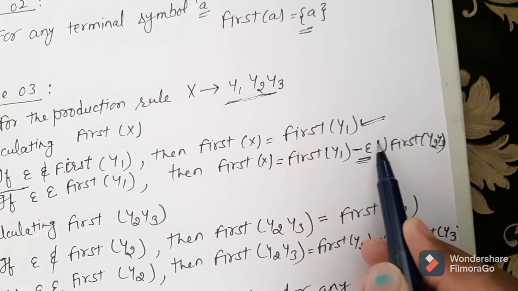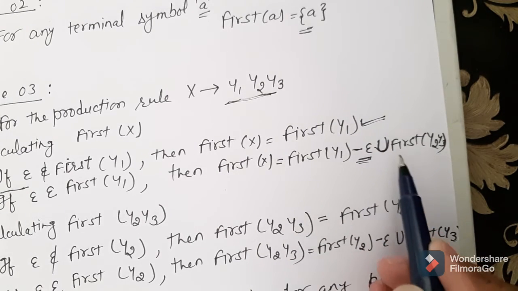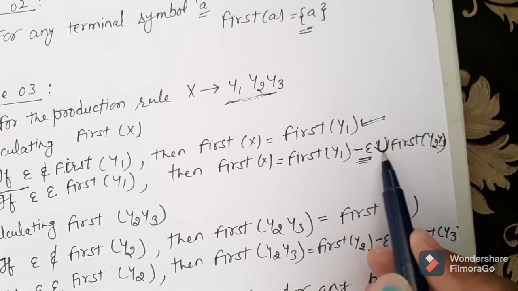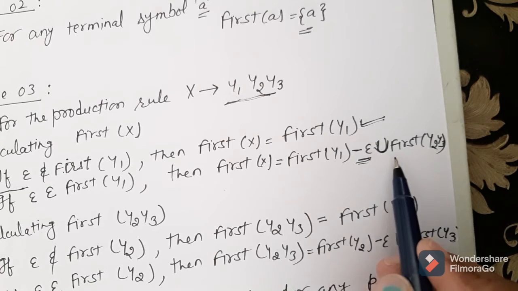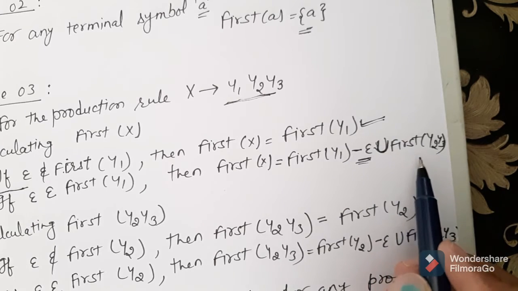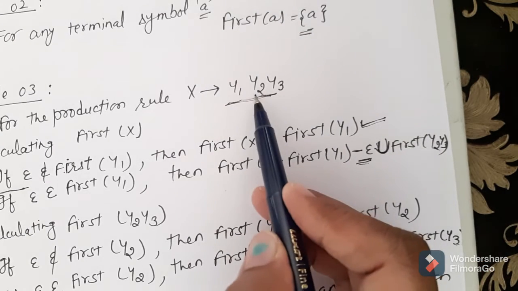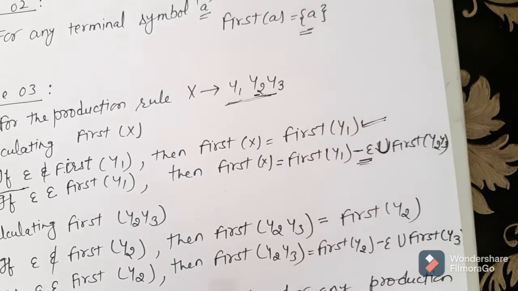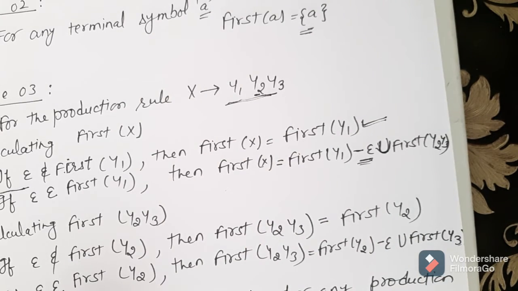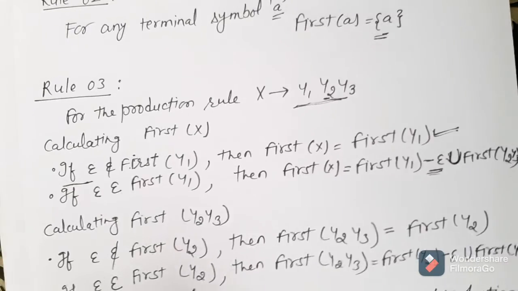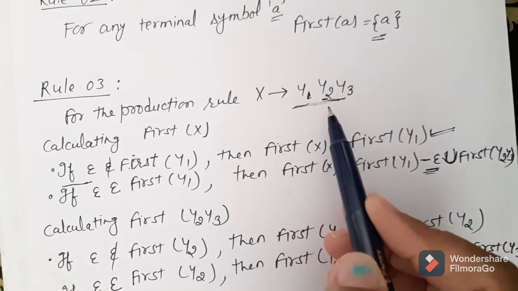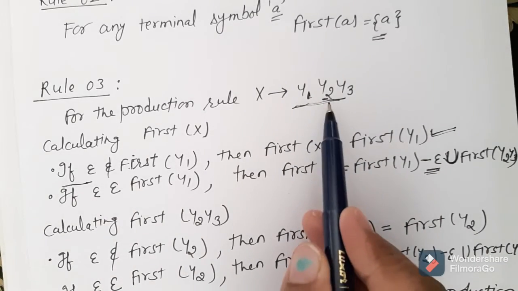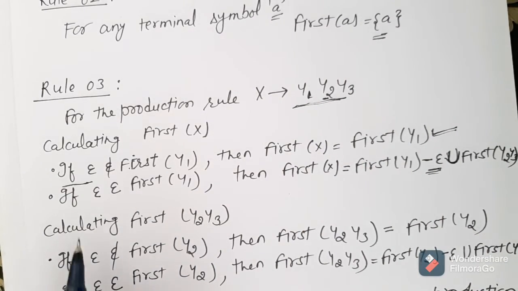Then do the union operation. Union operation means now add further symbols. That further symbol means we will calculate first of Y2, because after Y1, Y2 comes. Now I have done this for Y1. What about the remaining symbols Y2 and Y3?